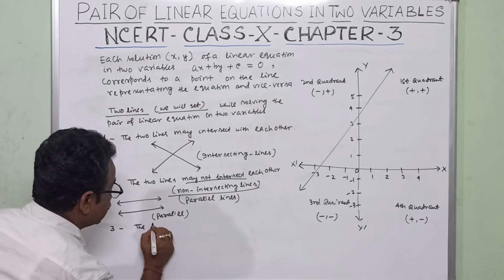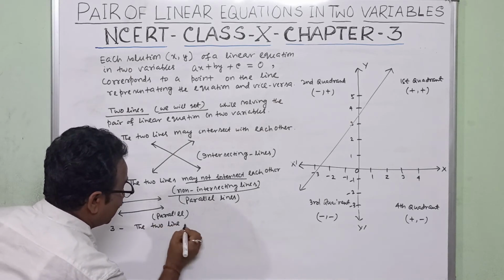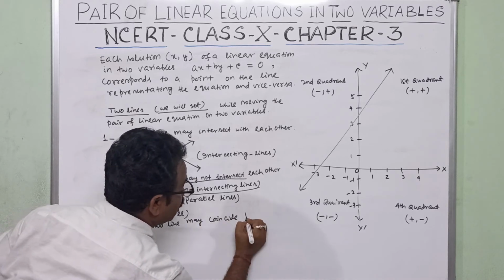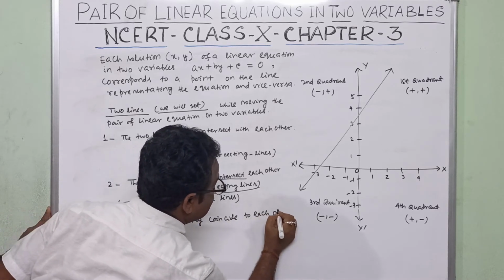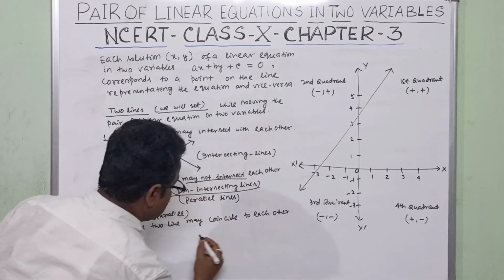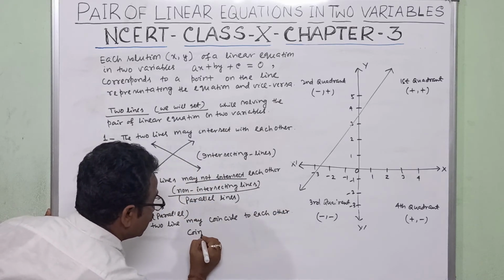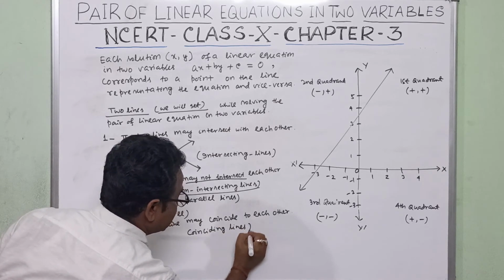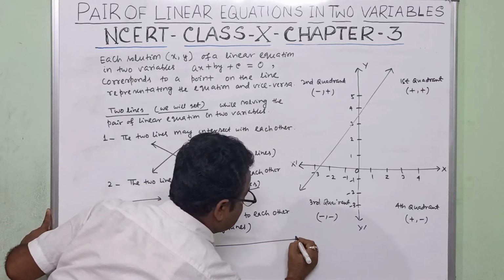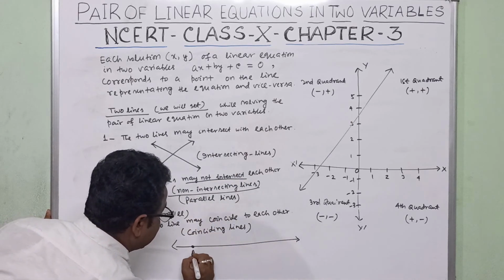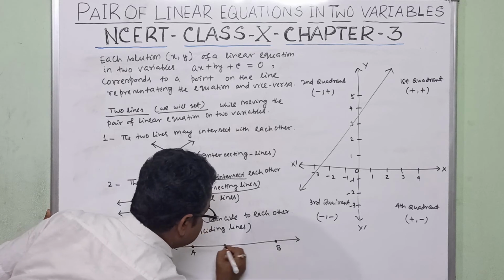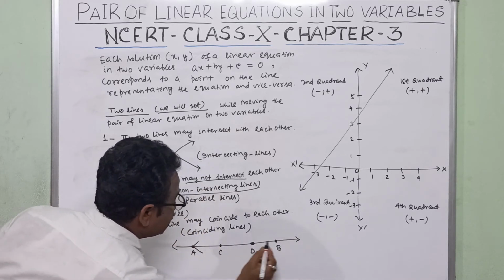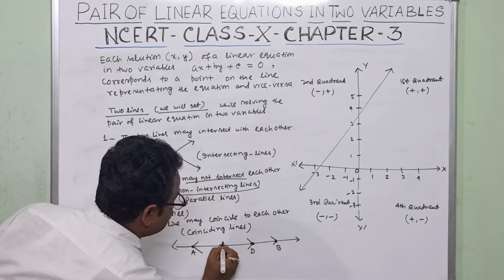The two lines may coincide with each other. So coinciding lines. For example, now this is the line. Suppose you are given a point A, here another point B, here a point C, here a point D, and this is also like this.